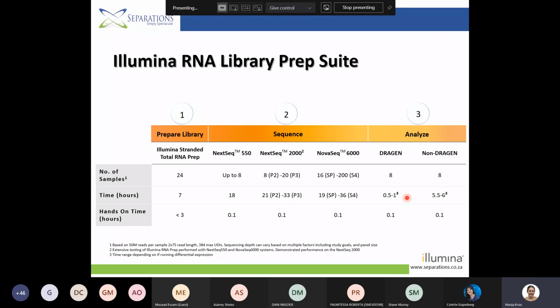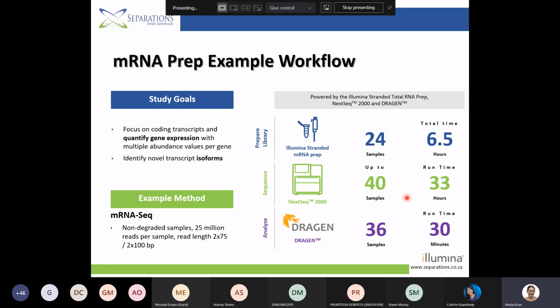Remember, DRAGEN is the Dynamic Read Analysis for GENomics pipeline, an ultra fast way of analyzing data, and this is available on BaseSpace.